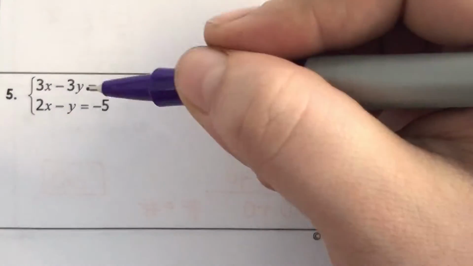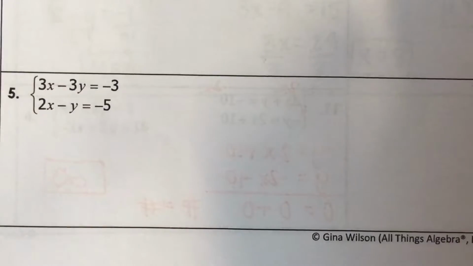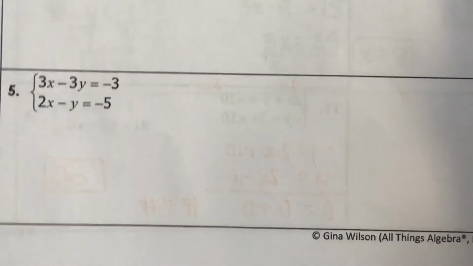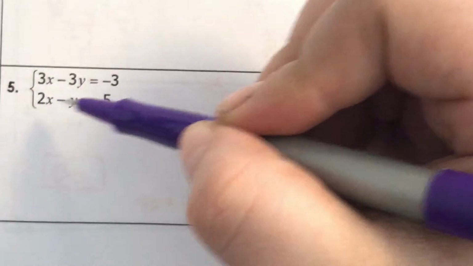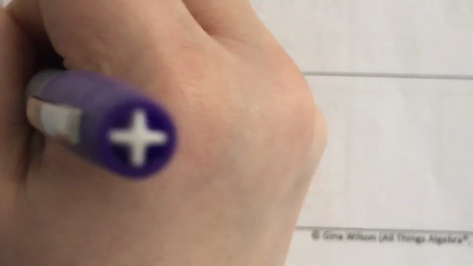So this one, it looks like there's a pretty easy way I can multiply to get opposite coefficients. I'm going to multiply, if you haven't thought of this already, the second equation by negative 3 to get an opposite here. So multiply by negative 3. Oops. Why are you all blurry? Let's move this up. It doesn't want to focus.